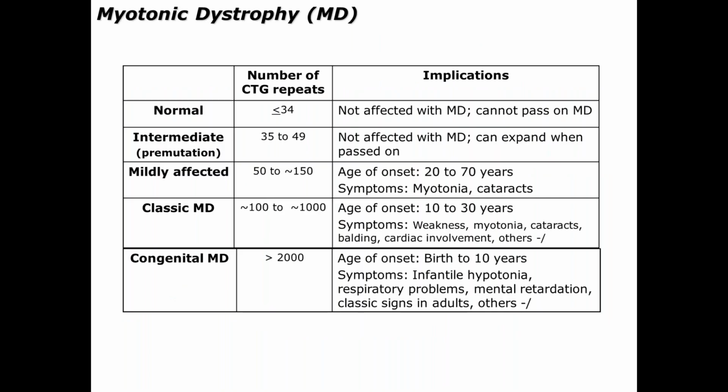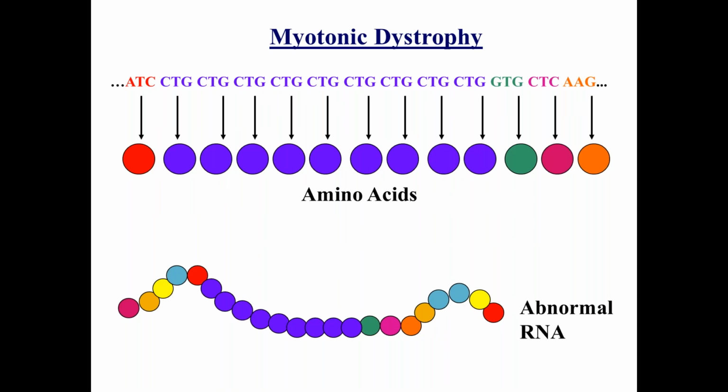Now, even though we can say that the more repeats that somebody has, the earlier the symptoms are going to happen, we can never predict what's going to happen. So if somebody were to get tested very early in their life and they came back with a certain number, we're not going to be able to say, oh, this is your number, you're going to get symptoms at age 28, and these are what the symptoms are.